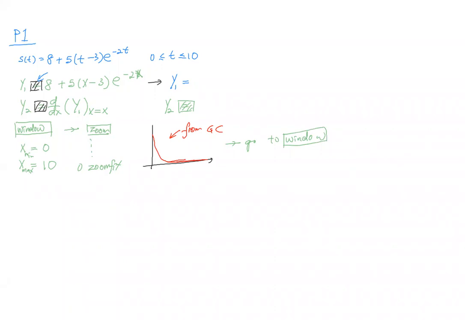Then you see your Y minimum is negative 0.00167, which is very small, and your Y maximum is 35. So that's why you can't see a turning point here.